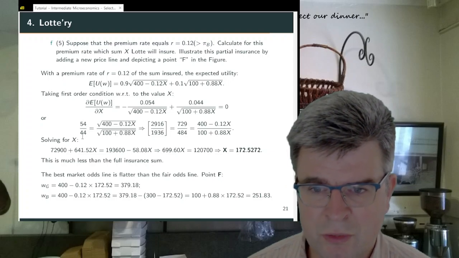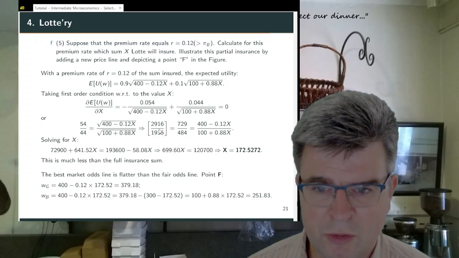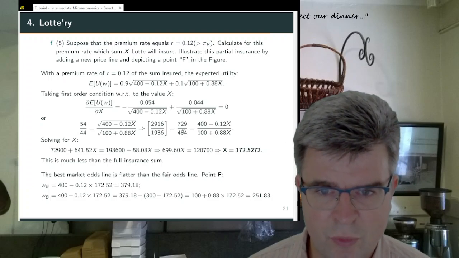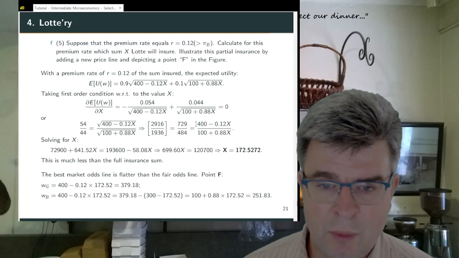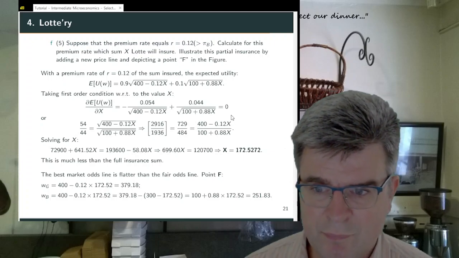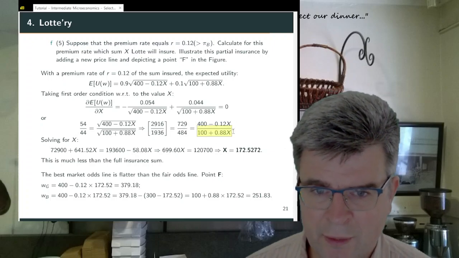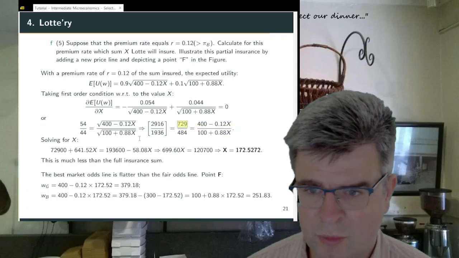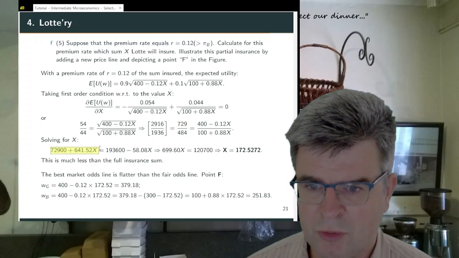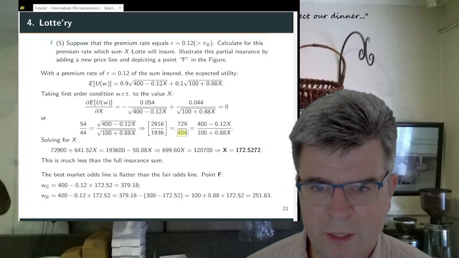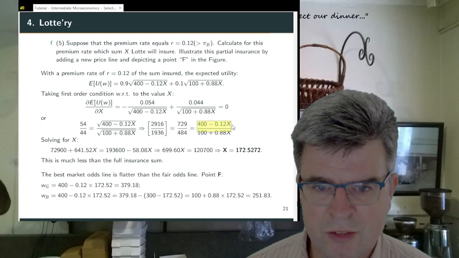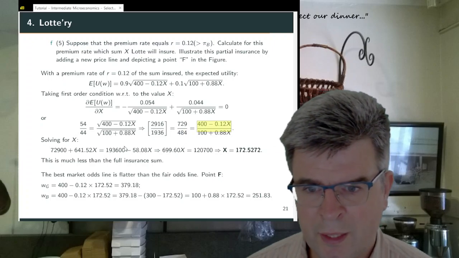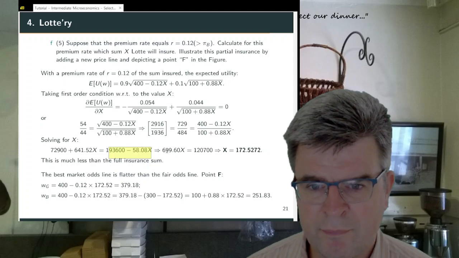Taking this to the power 2, you get this expression, which simplifies to 729 over 484. And now we need to solve for X. So we bring this to the left hand side, we multiply by 729, we get this expression over here. We bring this to the numerator of the right hand side and multiply with 400 minus 0.12x. We get this expression over here.